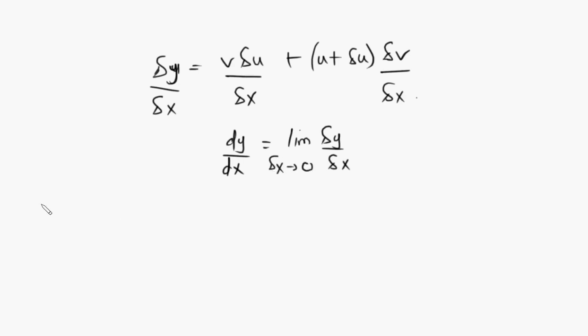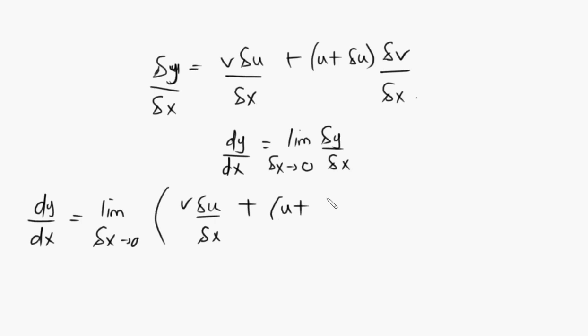So dy over dx is the limiting value of this, which is v delta u over delta x, plus (u plus delta u) times delta v over delta x.